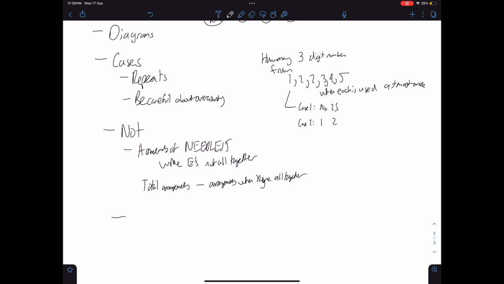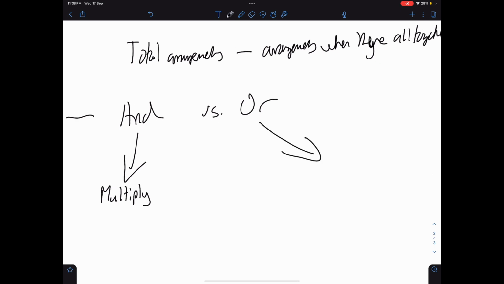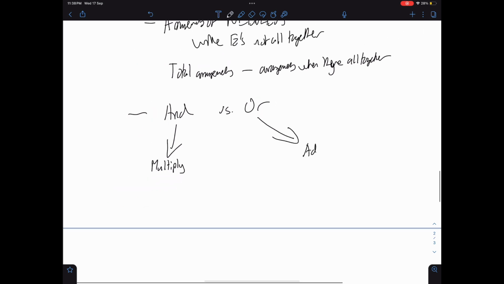And another thing you need to be cautious about is the use of and versus or. And is when you would multiply. And or would be when you add.